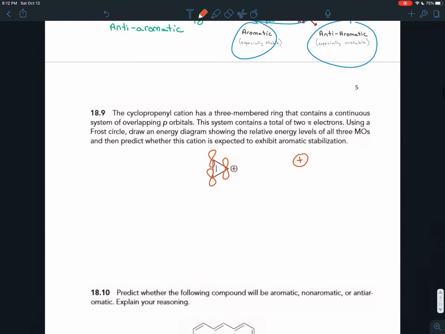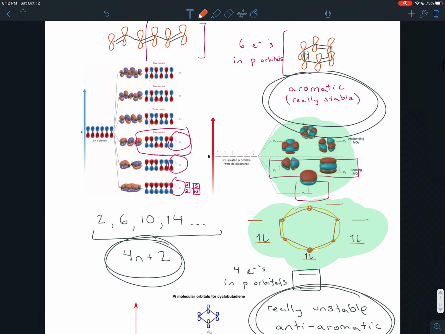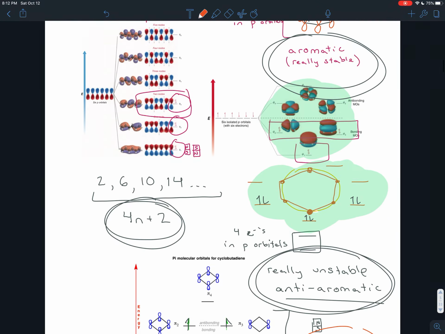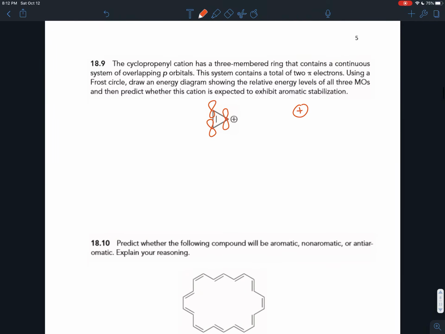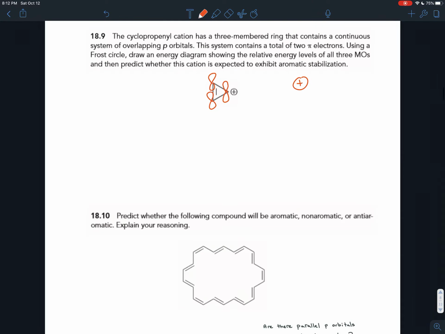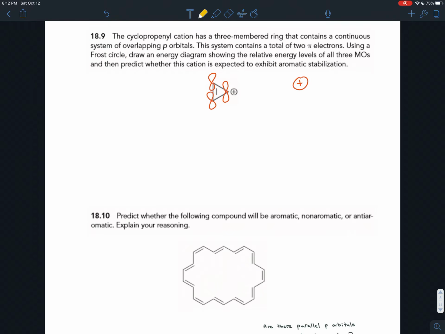So we saw in a previous video on the concept of aromaticity how the stability of aromatic molecules is really coming from their molecular orbitals. And you can predict the energies of the different wave patterns of the molecular orbitals by doing a little shorthand, and that's drawing these frost circles. So the first step is just to draw a circle.